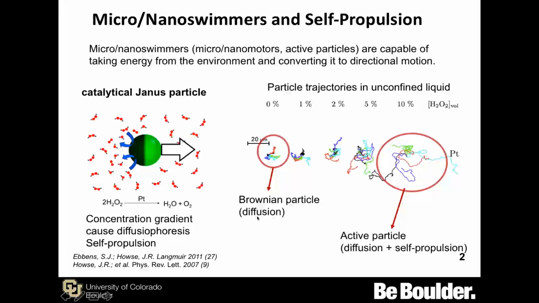So compared to the Brownian particle, which only has a diffusion mode, the active particle has diffusion and self-propulsion modes. And because of this more complex transport mechanism, it has huge potential in a lot of applications, for example biomedical applications, environmental applications, all kinds of applications.